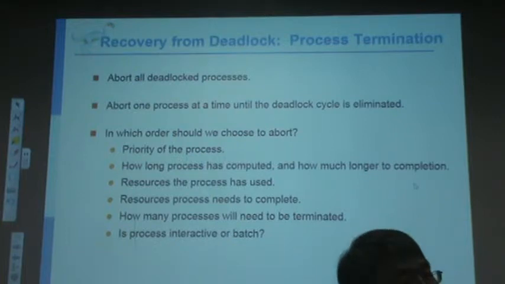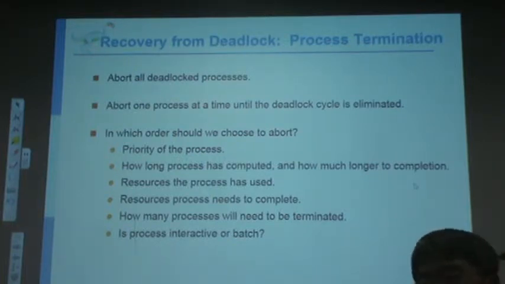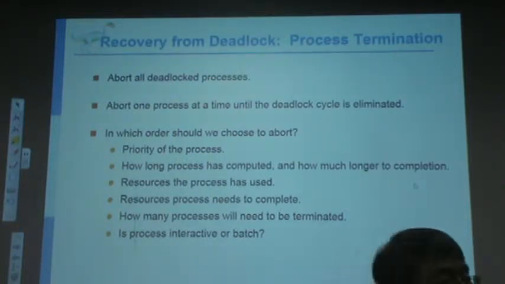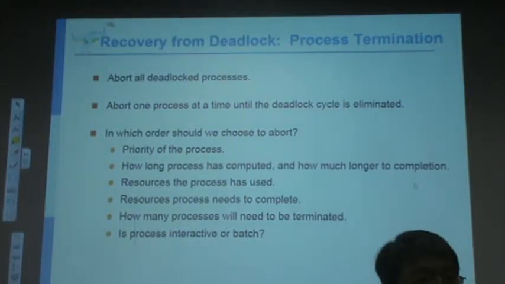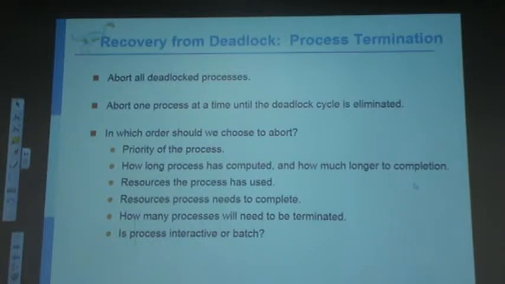In the previous case, you can kill P0, P1, P2, P3, P4, all the processes. But that's too risky. So you can kill one by one: first kill a process, then check whether there is deadlock or not, and if it still exists, kill the next process.